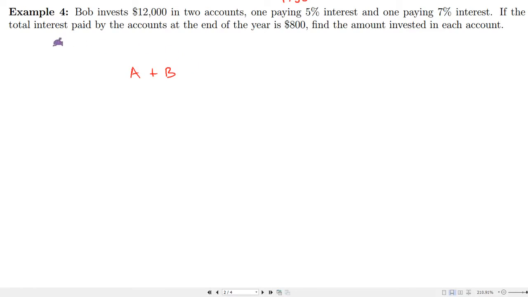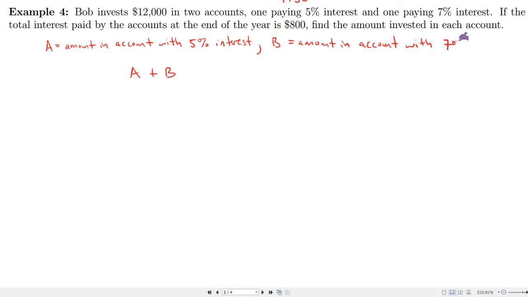So A is the amount in the account with, let's say, the 5% interest, and B is the amount in the account with 7% interest.